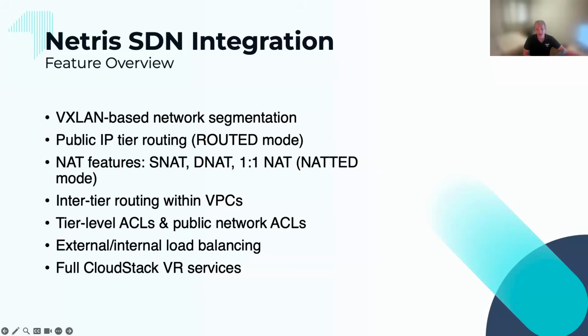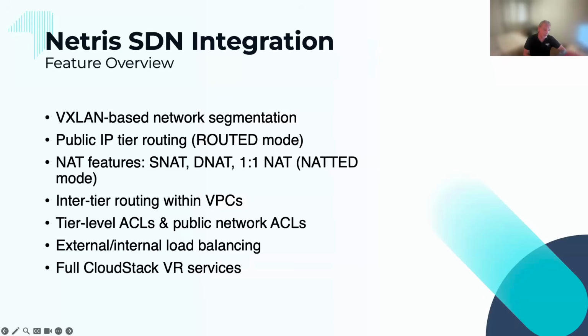So you can have granular ACL like you do in a regular cloud with CloudStack for both VPC tiers and public network, and external and internal load balancing as well, like you use in the regular CloudStack. And the usual CloudStack virtual router.